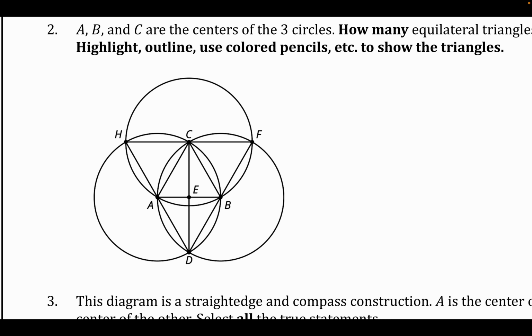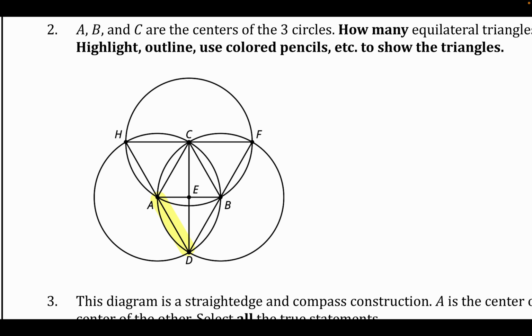So first off, I'm going to try to do the smallest triangles first, and I may end up using some additional highlighter colors here. I think I have a couple others, so I should have enough. I see a couple, so if we just focused on circle A, I will highlight AB first.